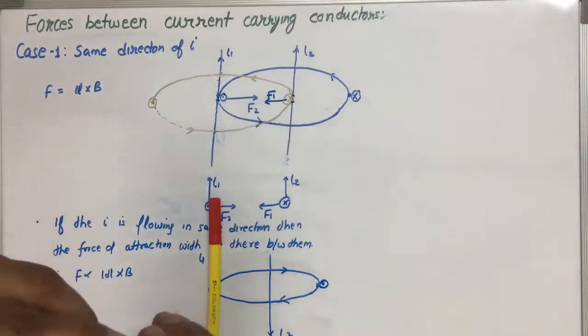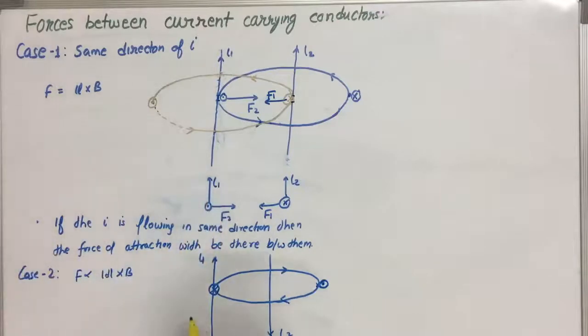So from there, if the field at this point is downward, the force will be in the direction of the palm. So it will give us the force due to current 2 at this element. Either we can say, combining all, at this conductor.